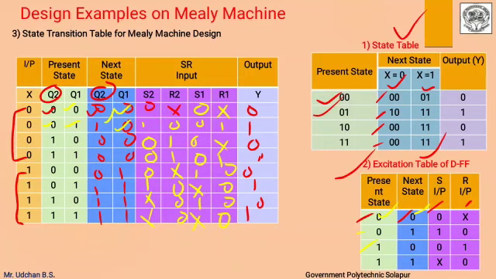This you have to complete by comparing the value of present state of Q2 and next state of Q2 for S2 R2, and values of present state of Q1 and next state of Q1 for S1 R1.